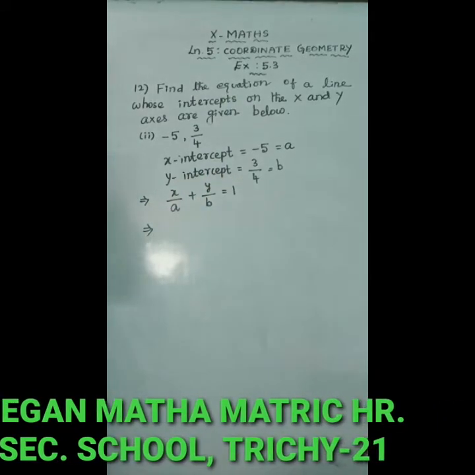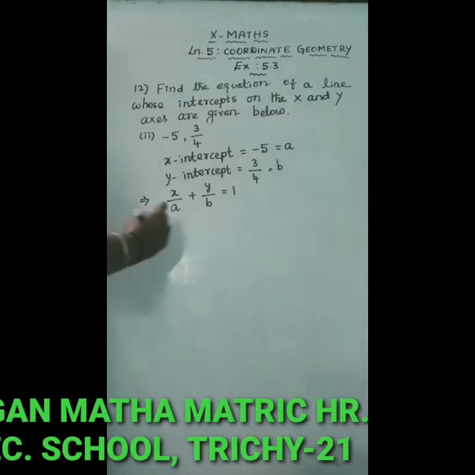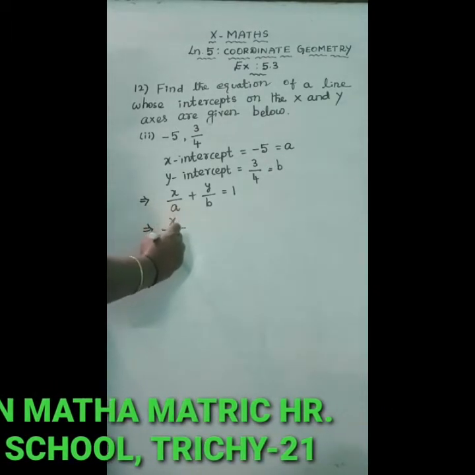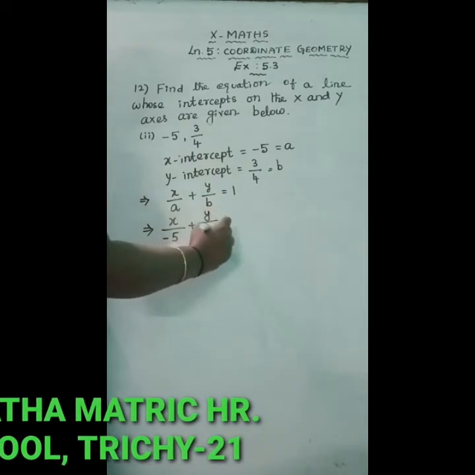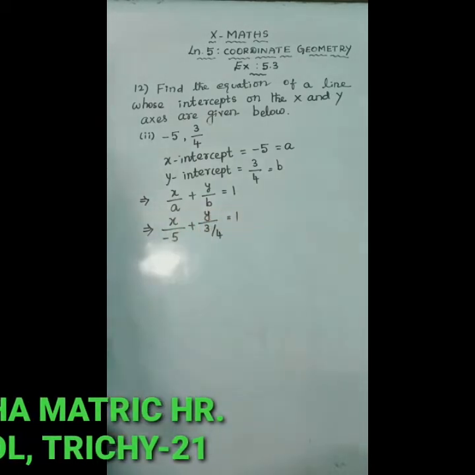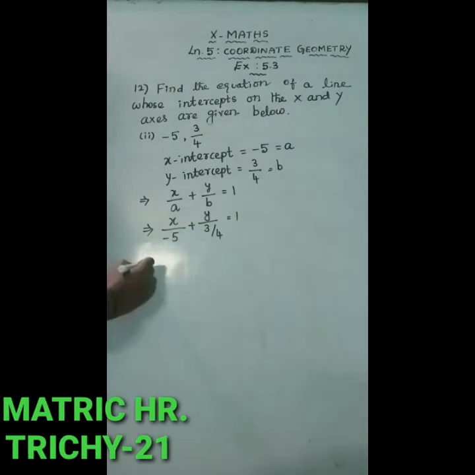So, we substitute the given values. We have x divided by minus 5 plus y divided by 3 divided by 4 is equal to 1. So, we simplify this equation.